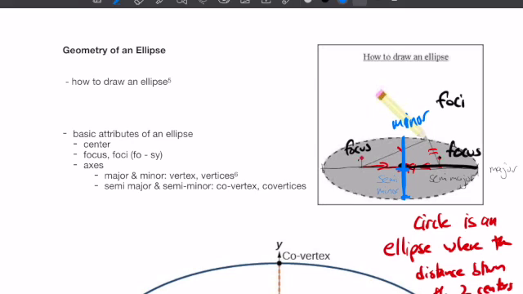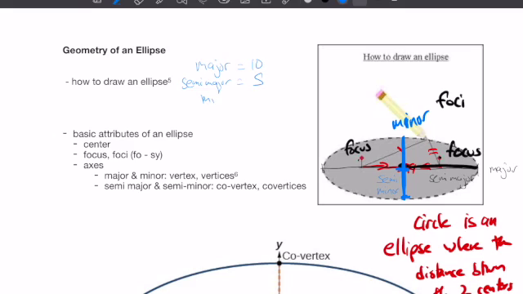You might also notice that the major axis is this whole length, and the semi-major is half the length, and the minor is the entire, and the semi-minor is half. It really doesn't make a difference whether we're talking about the major or the minor, because they compare to each other the same way. Let's illustrate what I mean. If the major axis is, let's say, 10 units long, then the semi-major is 5.